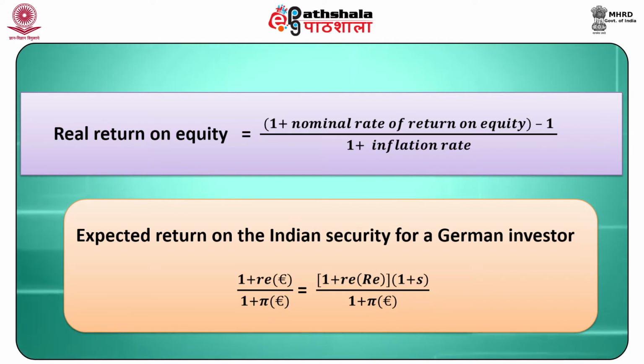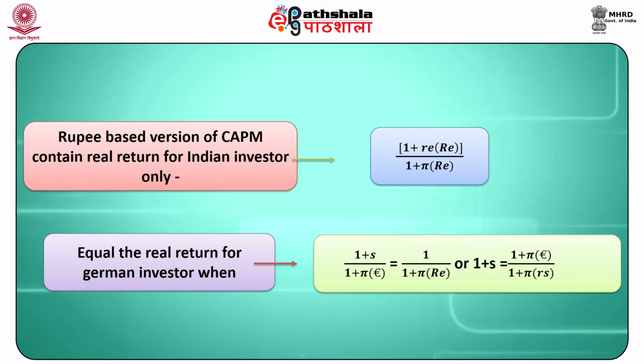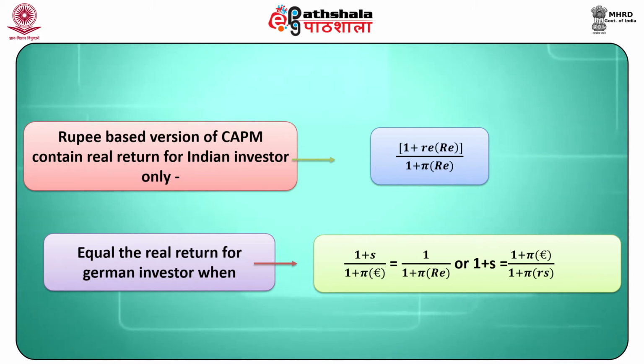Now, the expected return on the Indian security for a German investor will be 1 plus RE in euro divided by 1 plus pi in euro, which is equal to 1 plus RE in rupees into 1 plus S divided by 1 plus pi in euro, where S represents the percentage change in the euro-rupee exchange rate. But the issue is that the rupee-based version of CAPM contains the real return for the Indian investor only, which is 1 plus RE in rupees divided by 1 plus pi in rupees.